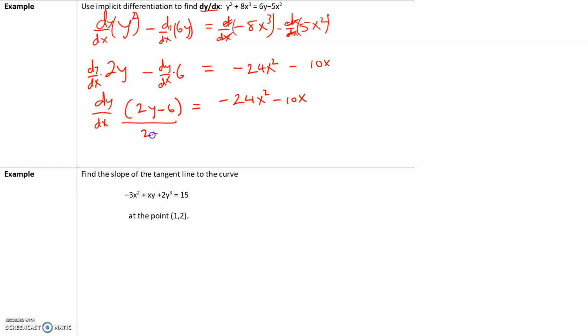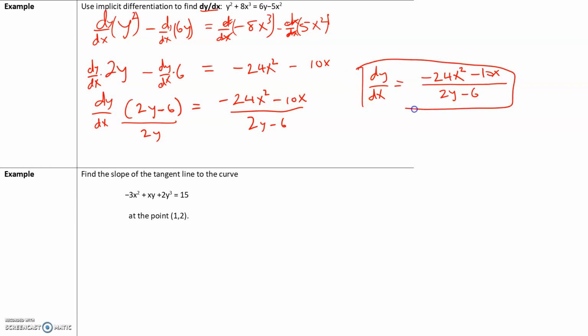So dy/dx, the derivative of y with respect to x, is equal to the numerator negative 24x to the second power minus 10x, all of that divided by 2y minus 6.